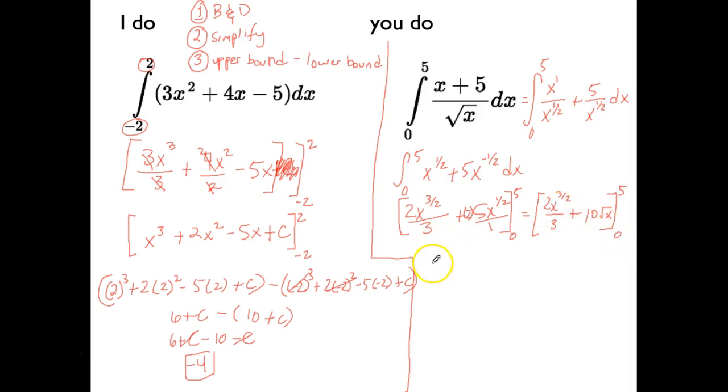So let's plug in 5. We get 2 times 5 raised to 3 over 2 all over 3 plus 10 square root of 5. That is the upper bound. Minus, plug in the lower bound. 2 times 0 to the 3 over 2 all over 3 plus 10 times square root of 0.